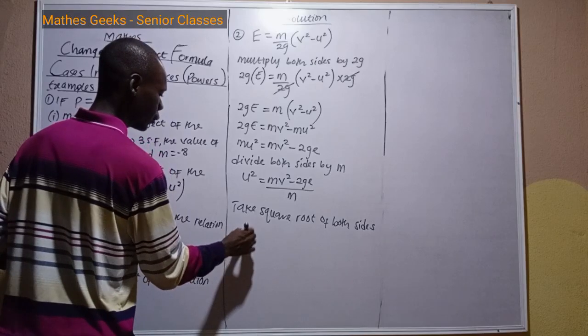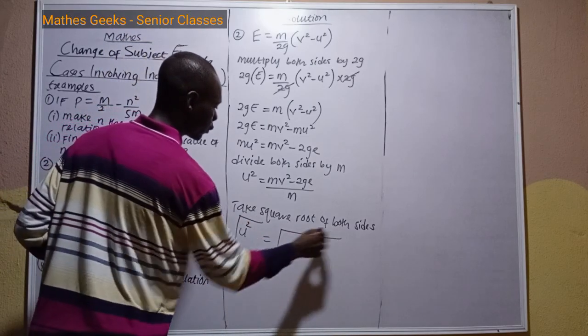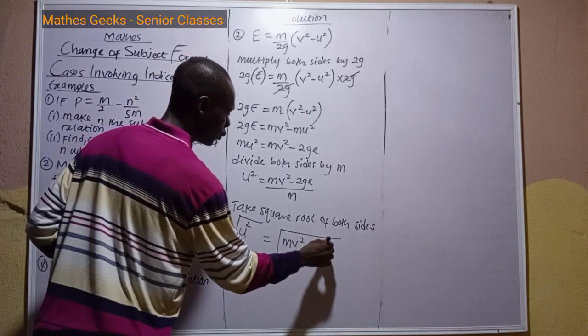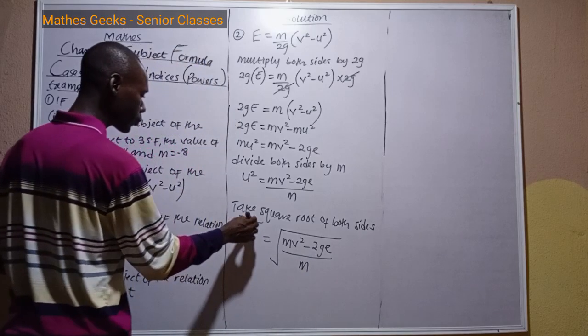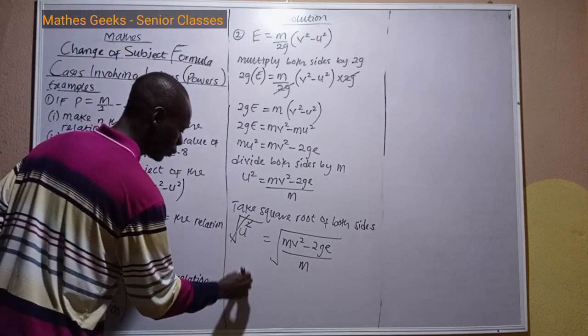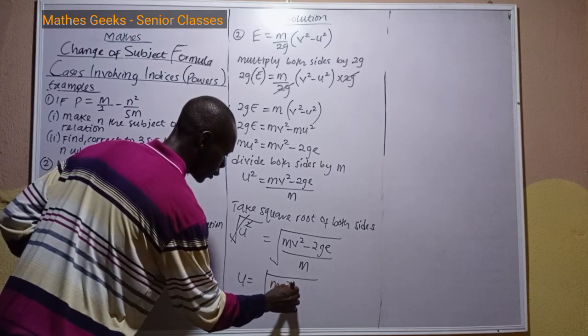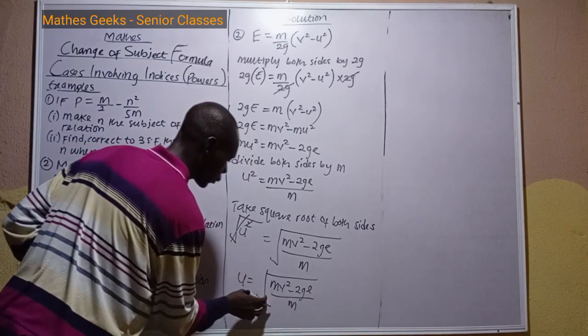So the square root of u squared is equal to the square root of mv squared minus 2gE over m. So u is equal to the square root of mv squared minus 2gE over m.